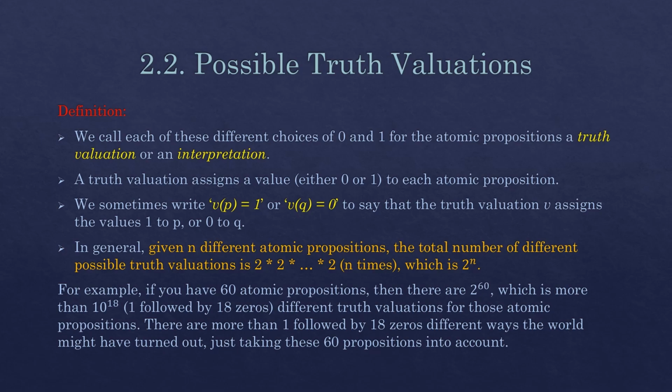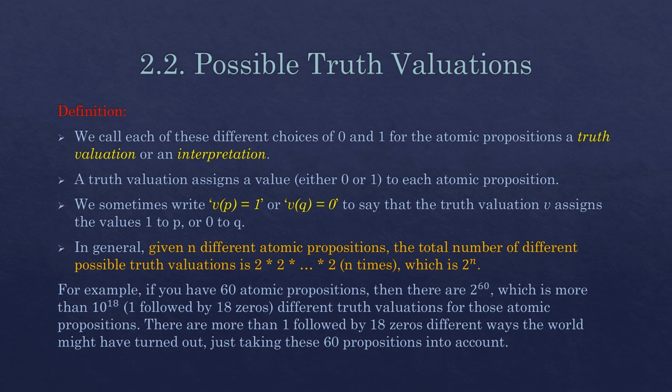We sometimes write the value of P equals 1 and the value of Q equals 0 to say that the truth valuation V assigns the value 1 to P and 0 to Q. In general, given n different atomic propositions, the total number of different possible truth valuations is 2 times 2 times, up to n times, which is 2 to the nth power.